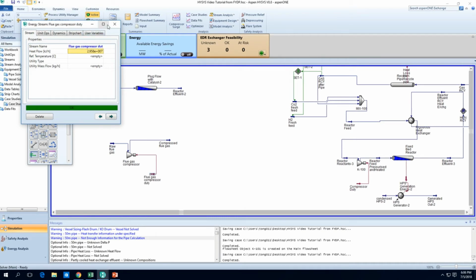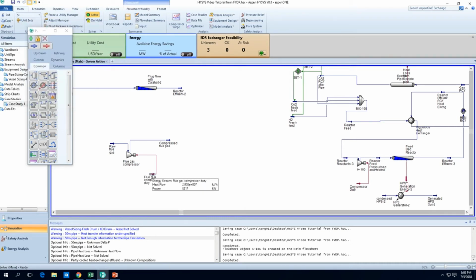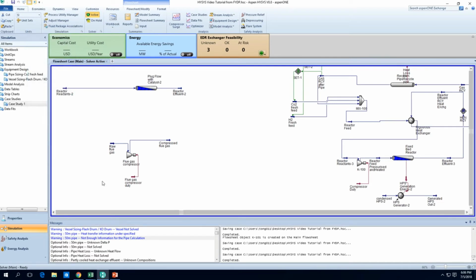Let's see how big this is. Okay, that's about 8217 kilowatts. So that's quite a lot of energy that's required. I can see the compressed temperature is way high. It's at about 470.8, meaning to say we can probably recover some of that energy.